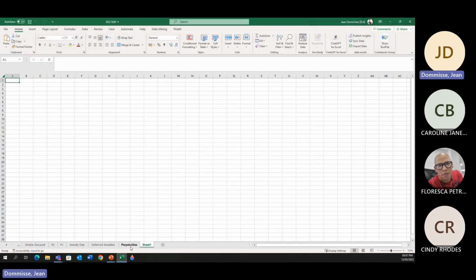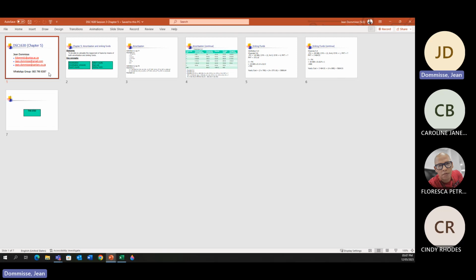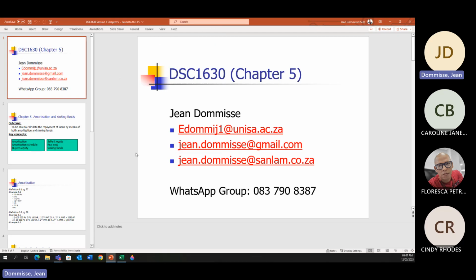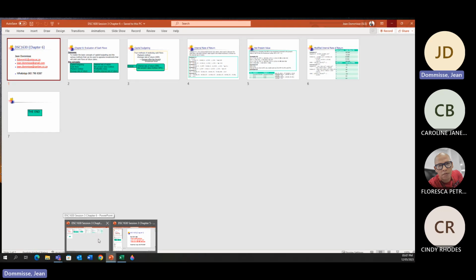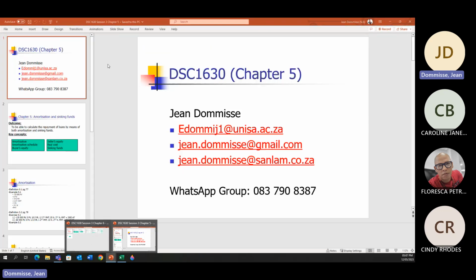So this week, we are going to look at chapter 5, amortization and sinking fund. Just a quick overview of that, and then I think we will also have time to look at evaluation of cash flow.